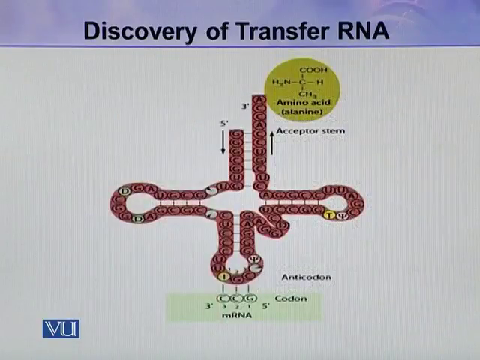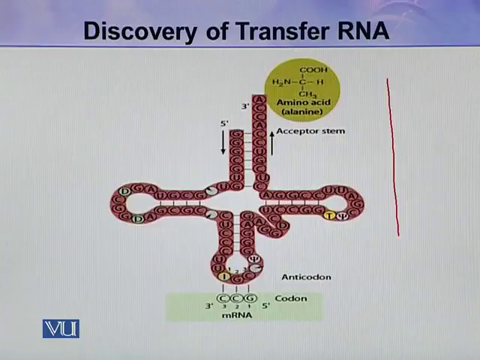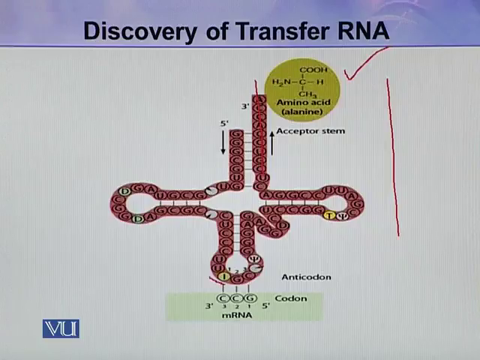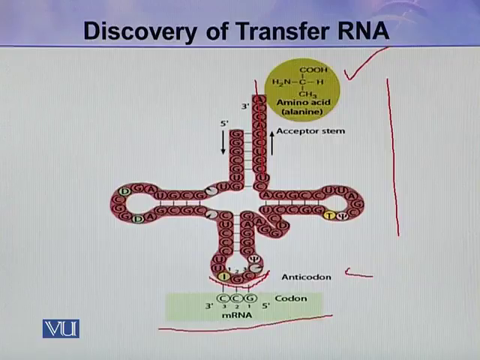Here you can see a tRNA molecule. It has one attached amino acid. This is the adapter stem where the amino acid is attached, and here the sequence of 3 bases is the anticodon. Similarly, this is the mRNA molecule, which will act as the template for protein synthesis.